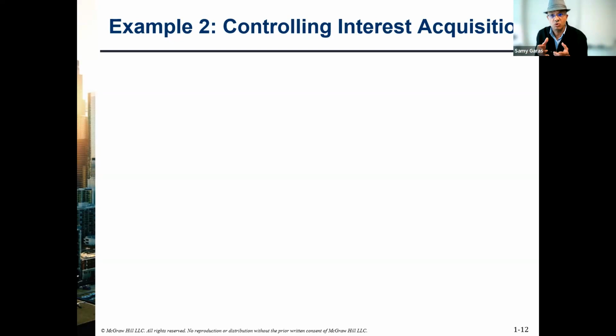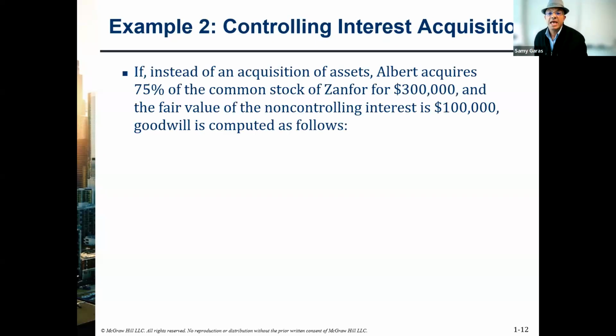It means controlling the management of the company, controlling the board of directors, controlling the income of the company. We have significant control over the company. And here the parent company will own 75%. If it's above 50%, it goes under control. So what do we call the 25%? We call it non-controlling interest.